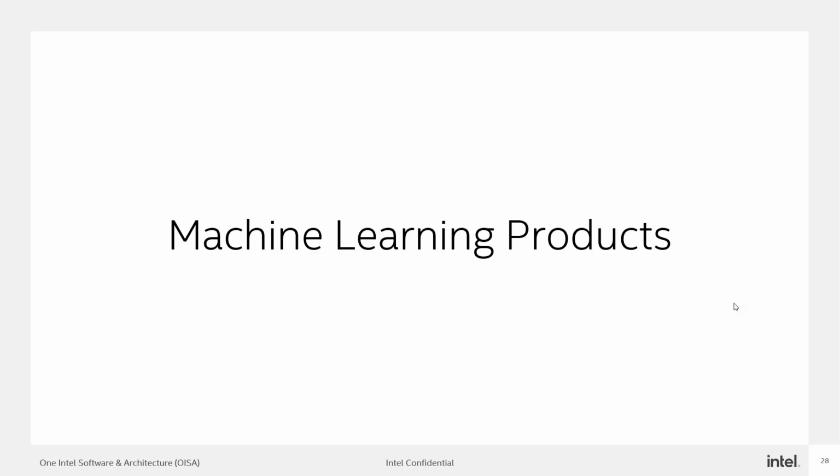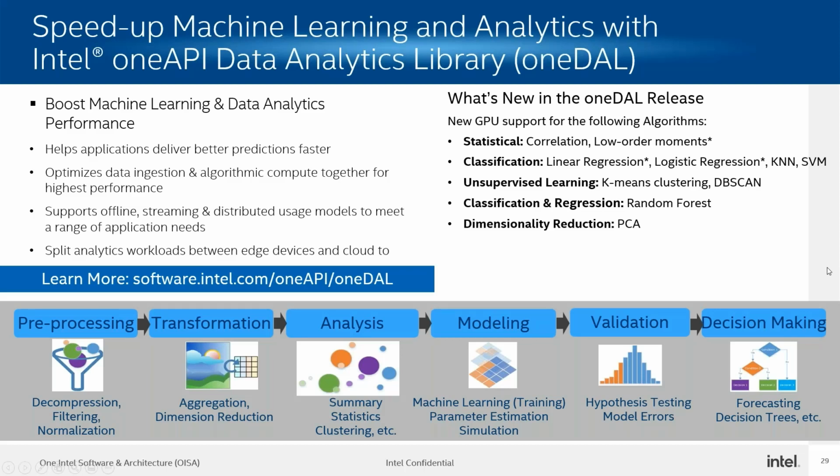While waiting for the submitted workloads to finish, let me briefly introduce the machine learning products of the Intel OneAPI AI Analytics Toolkit. The first library that I would like to introduce is OneDAL.